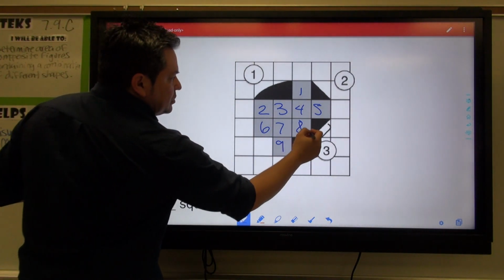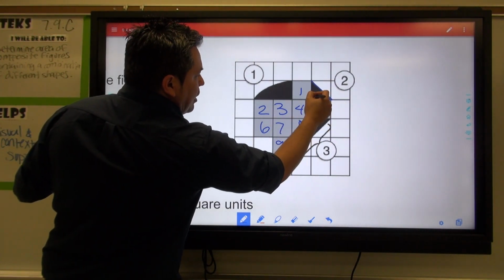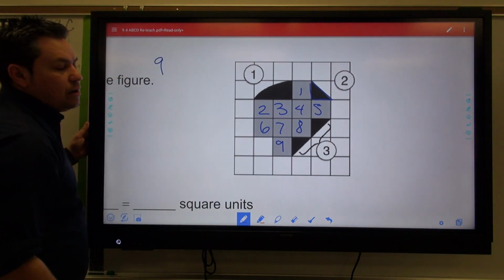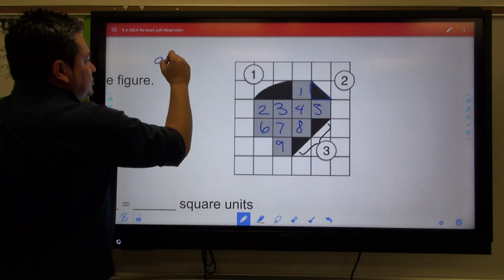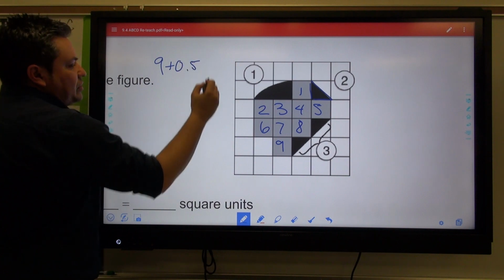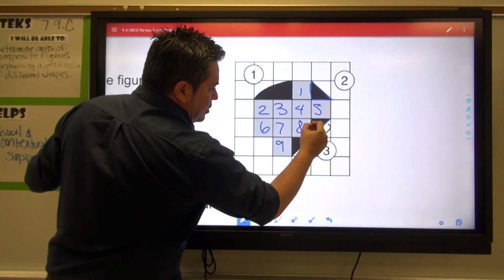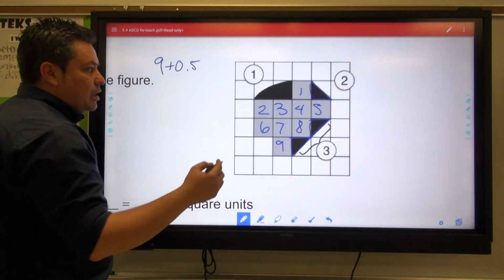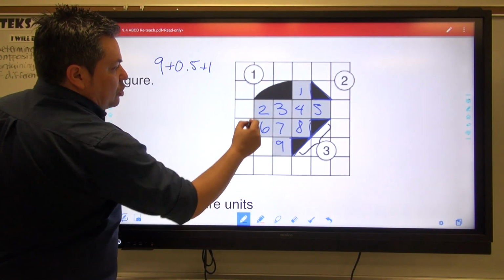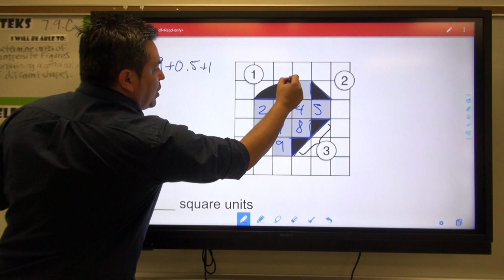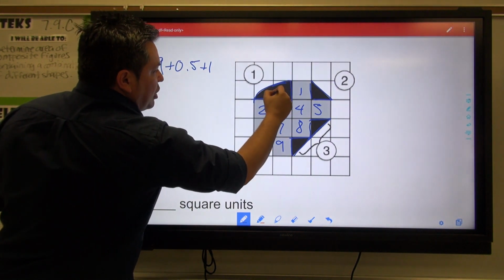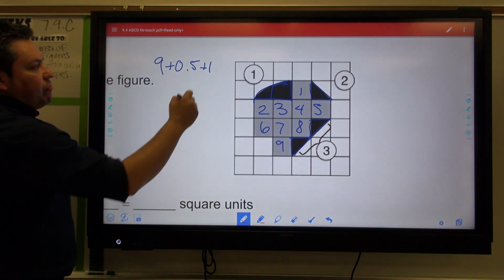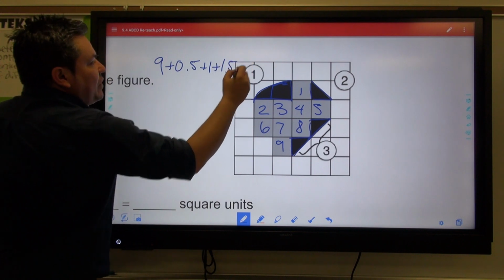Now over here, section 2, how much do I have in there? A half a square, so that's plus 0.5. Section 3, I have 2 halves that make a whole. And over here, just like on the other one, that one is almost the whole thing, and that's like half. So I'm just gonna call that 1.5.